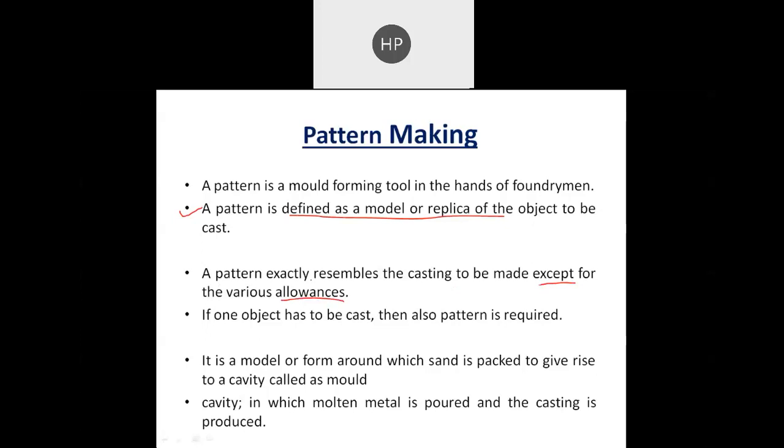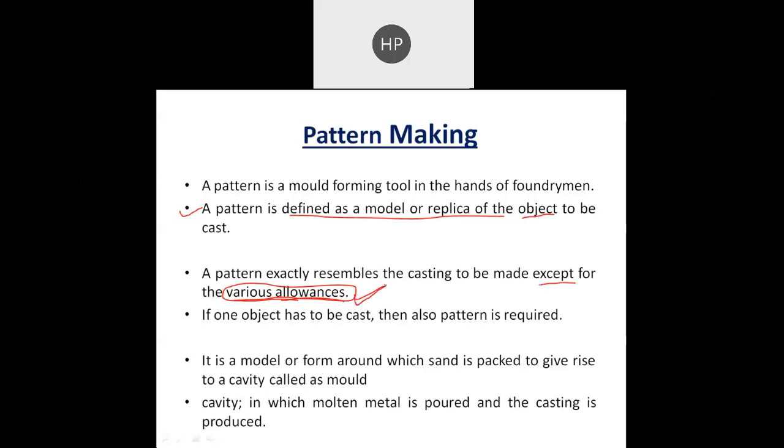Why will it not be in the perfect shape and size of the original object? Because it has to resemble some allowances. As I told, it will be a replica and it is approximate, it has an approximate shape of that object. It is not exact. Why? Because it has certain allowances to be fulfilled.